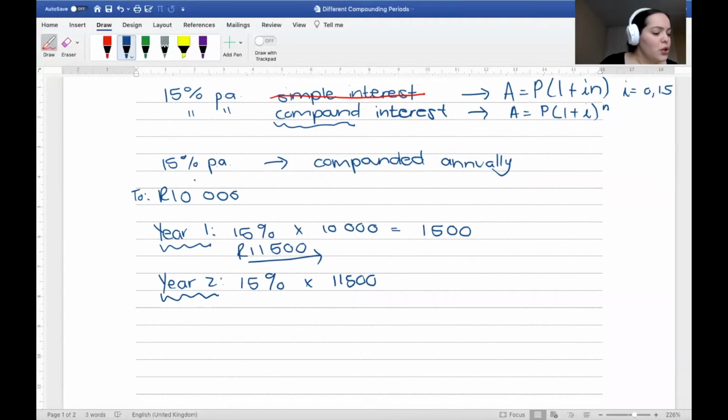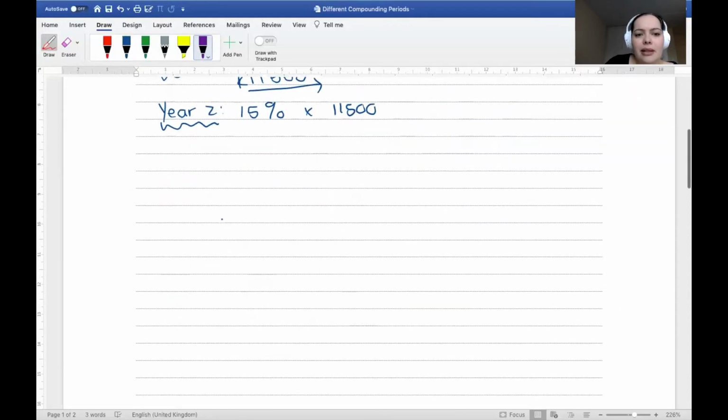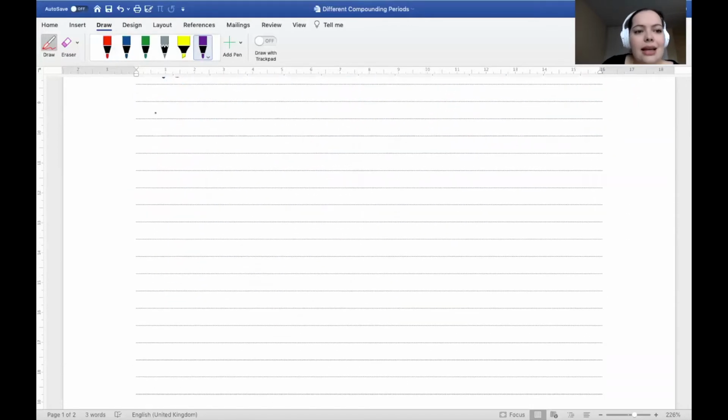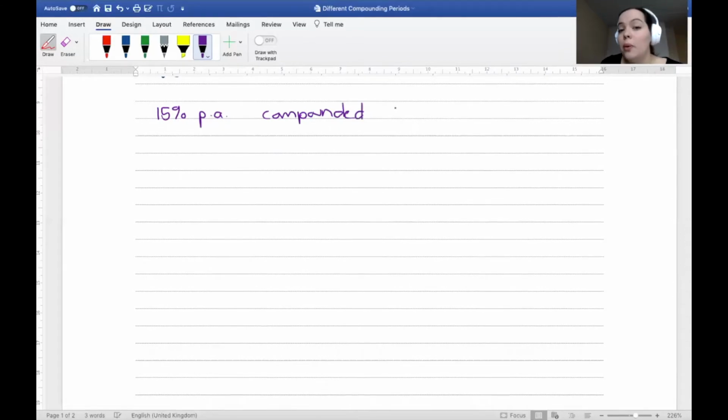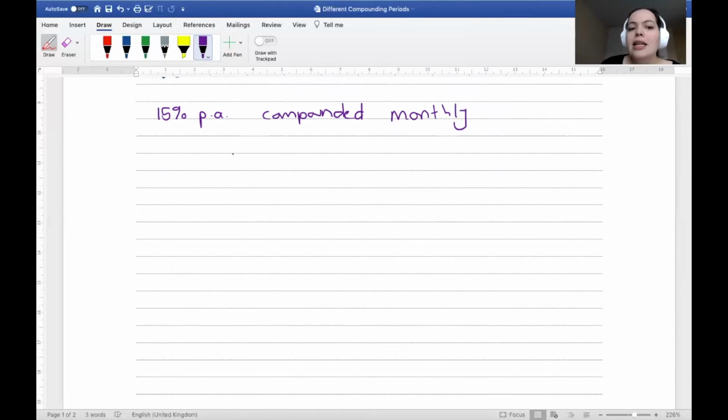Alrighty. So we now have this new thing where we're talking about different compounding periods. Now we can get things like your interest is at 15% per annum compounded monthly. That's the most common one and a really typical one in real life. Here what's happening is that instead of looking at our account at the end of every year, they're looking at it at the end of every month.